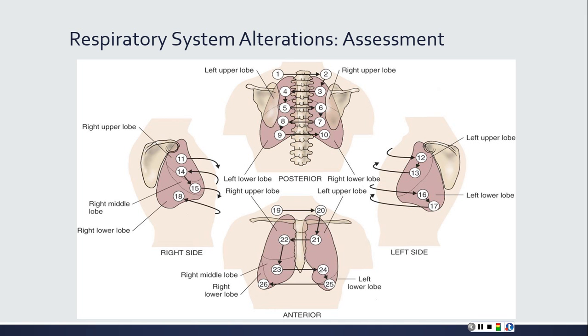So it's very important. You're assessing bilateral landmarks, but you also want to make sure that you're assessing from the side and also from the front. You're not even going to get this third lobe unless you assess either from the side or at the very bottom anteriorly. Does that make sense? Very important.